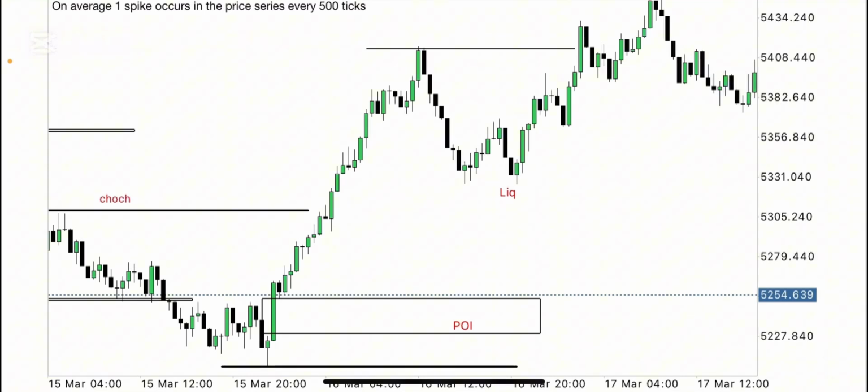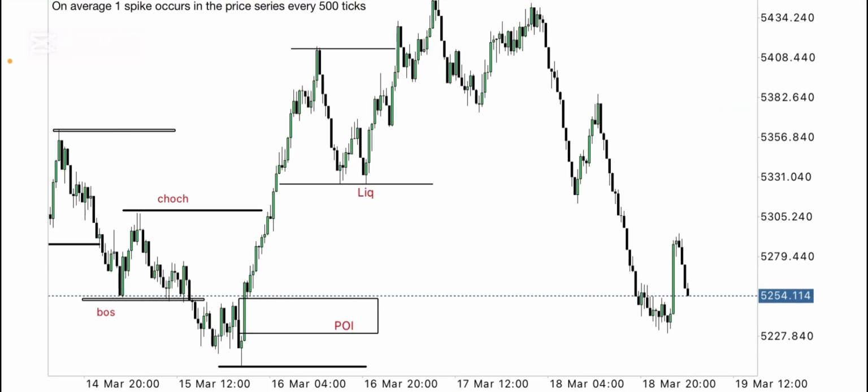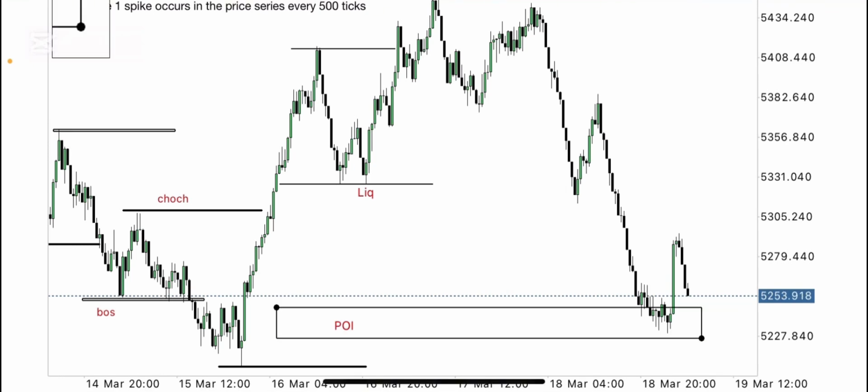Let's look further. You can see how market comes down to our order block right here. This is our order block. You can see how the market touches our order block and starts moving on right here.